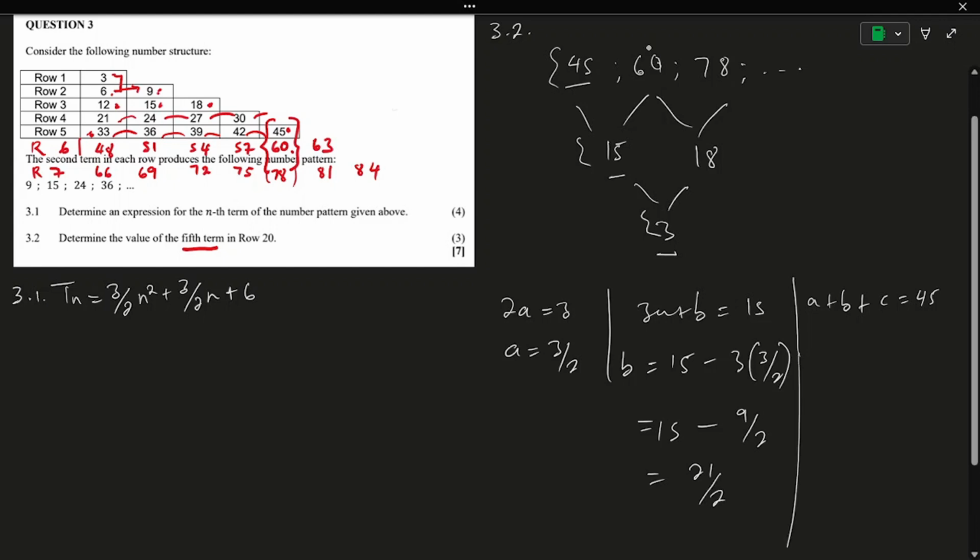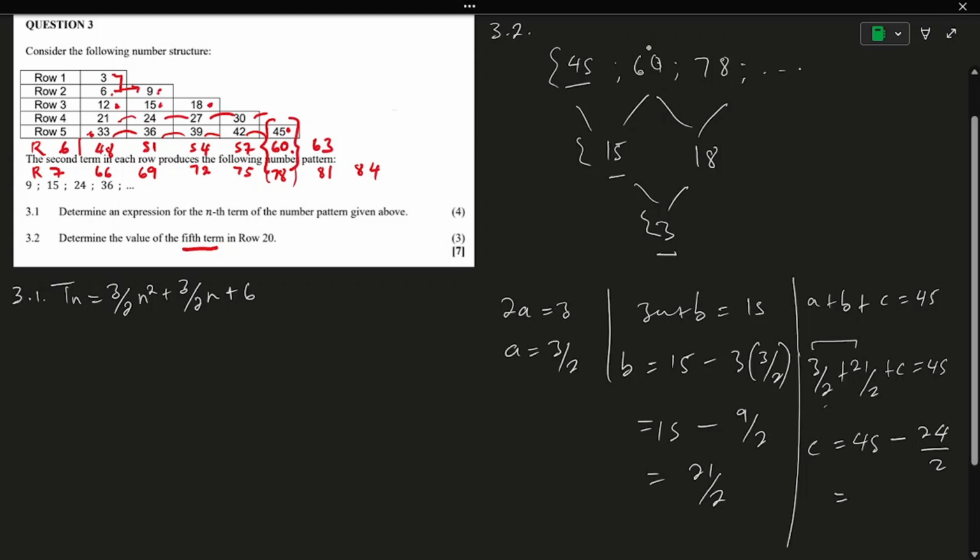So we have a and b, which we can now substitute this side. So we have 3 over 2 plus 21 over 2 plus c being equal to 45, right? So c is going to be 45 minus 24 divided by 2. It's 24 because 3 plus 21 is 24, and they all are divided by the same denominator.